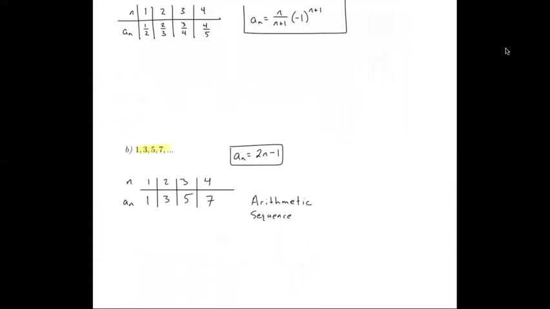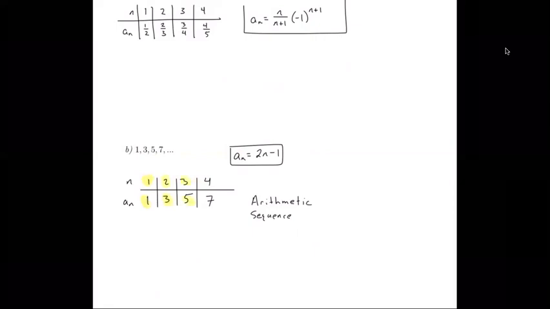Now this sequence, 1, 3, 5, 7, and so on. This looks like it's all the odd numbers. Looks like we can represent all the odd numbers with, well, we'll let n count 1, 2, 3, 4 of these. So that's the index, a sub n, a1 through 4. And then 1 is 1, 2 is 3, 3 is 5.